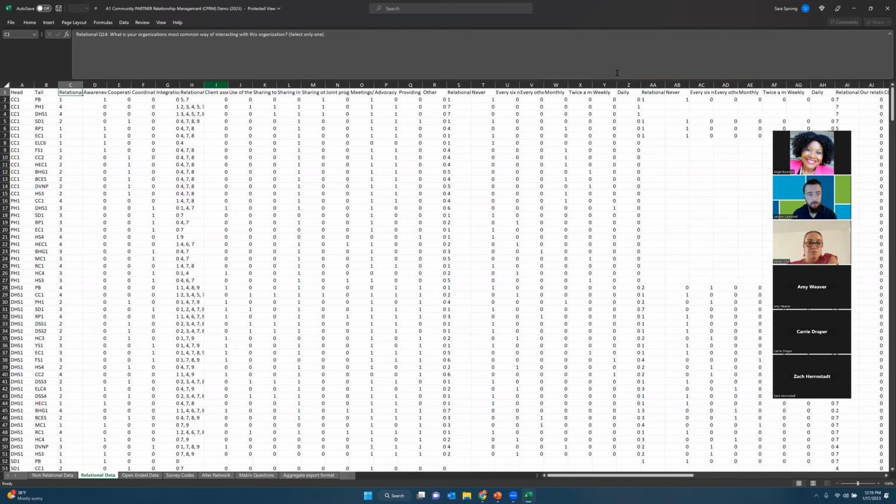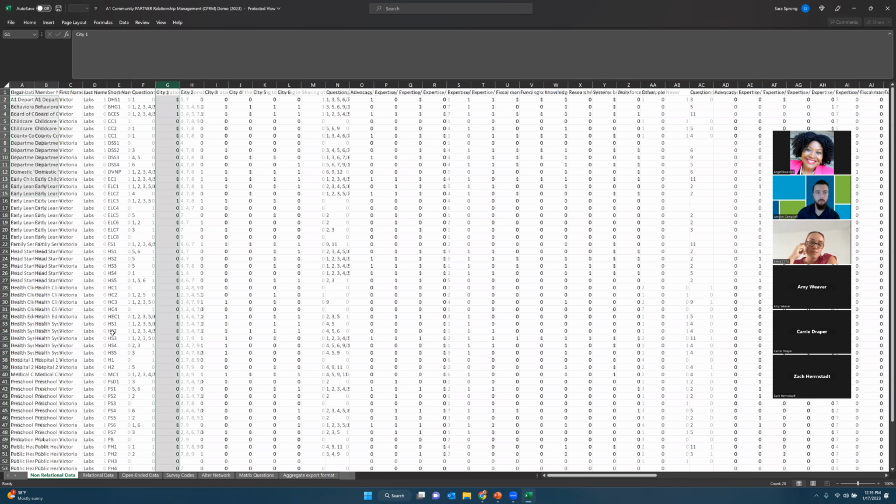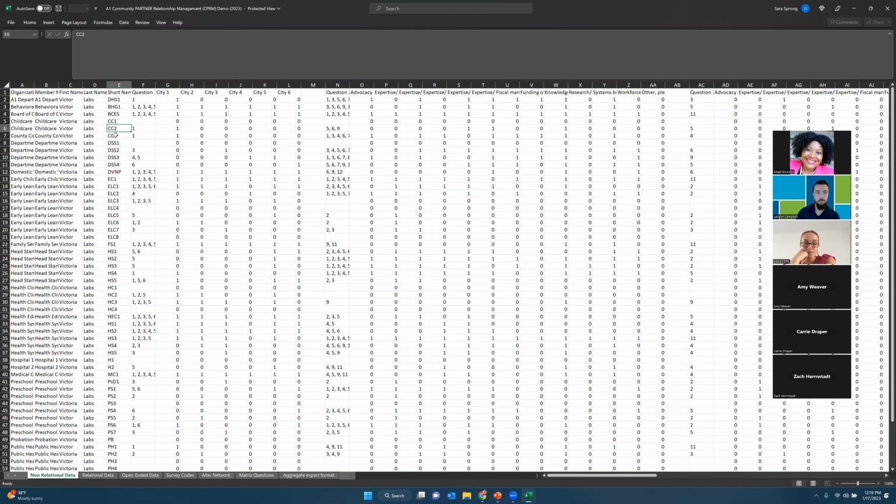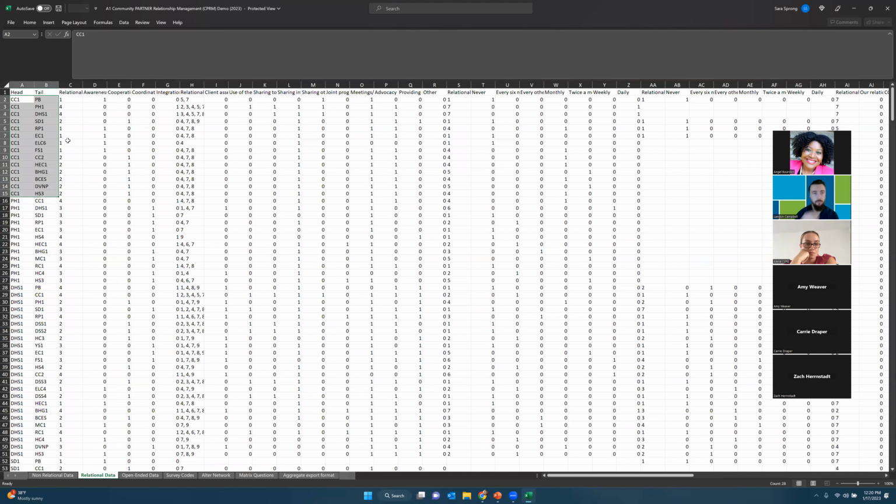And then these are how they answered about that partner. So what you can see here, for example, is all the partners that this organization picked. And as you can tell, they are coded by a short name for the purposes of being able to show up in a map really easily. If we had their long names, it'd be really hard to see the nodes within the map. But on these other tabs, you can see who each of those organizations are.